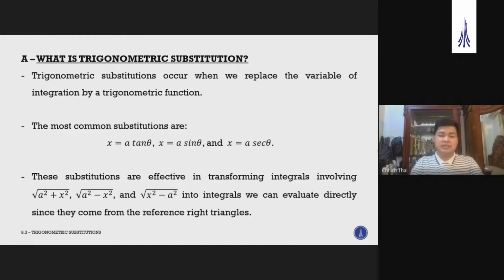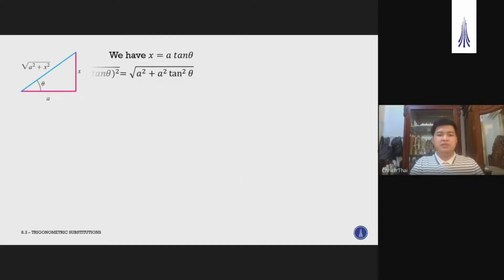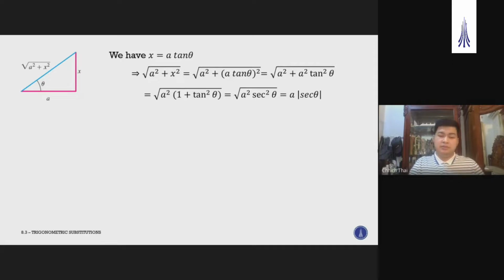In this next slide, I'm going to show you which substitution to use with what function. As I said, we use this substitution in order to get those functions out of the square root. For the first substitution, x equal to a tangent theta, we use it with the square root of a squared plus x squared. When we insert it into the function, we get a much easier function to integrate, which is the absolute value of secant theta.